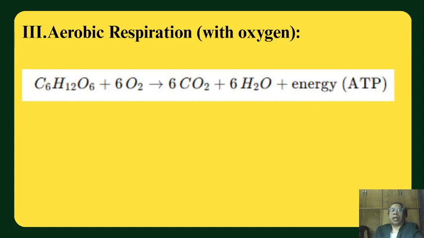Aerobic respiration, with oxygen: 1 mole of glucose reacted with 6 moles of oxygen produces 6 moles of carbon dioxide, 6 moles of water, and energy in the form of ATP, adenosine triphosphate. Notice that this reaction is just the reverse of the photosynthesis reaction. This is aerobic respiration.